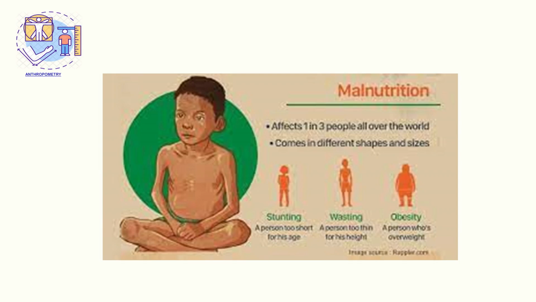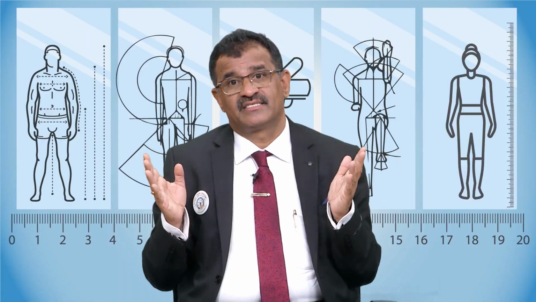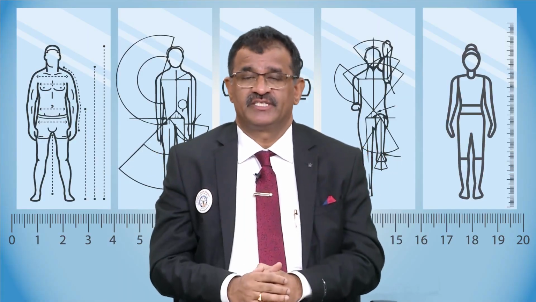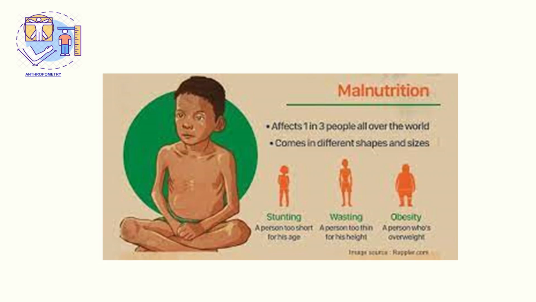Basically, 1 in 3 people all over the world are affected by malnutrition, and they come in different shapes and sizes. Basically, 3 effects we see. One is stunting, another is wasting, and the third one is obesity.